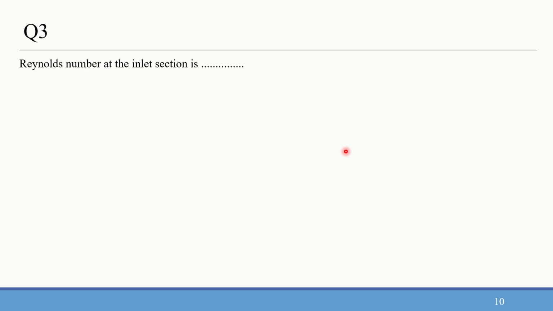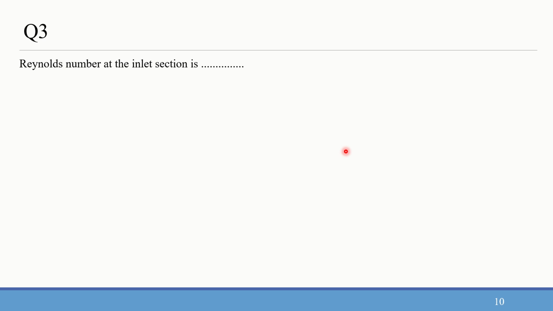So here the first one is Reynolds number is equal to rho v d by mu. So rho here is the density of the fluid, and v is the velocity of the fluid at the inlet, and d is the diameter of the pipe at the inlet, divided by mu, again the viscosity of the fluid.